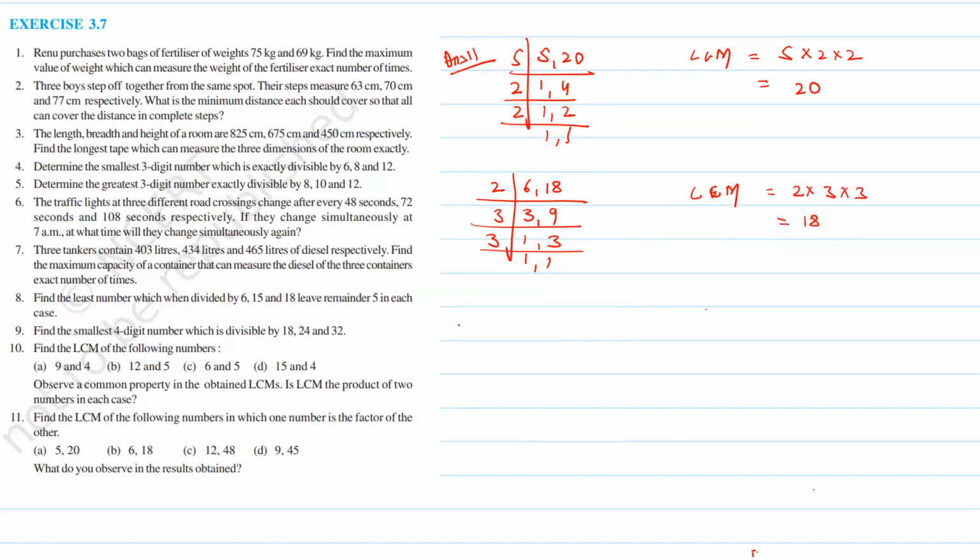So in this we can see we are getting the multiples as the LCM, like 18, 20, and in C part also we will get 48 as the LCM. 2, 6, 24, 3, 12, 2, 3, 6, 2, 3, 3.